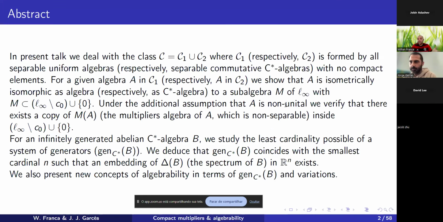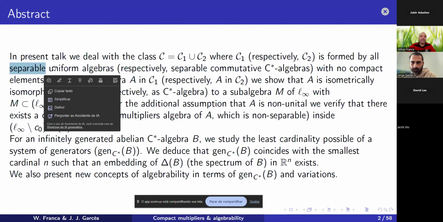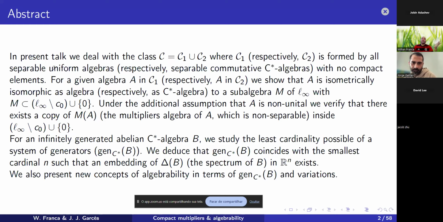So, the abstract says pretty much this. We will basically work with separable algebras. One class of the algebras is going to be the so-called uniform algebras, and the other one is the so-called C-star algebras. Essentially, we are interested in these classes when they don't have any sort of compact elements. I'm going to explain this throughout the talk. But the main idea is the following.